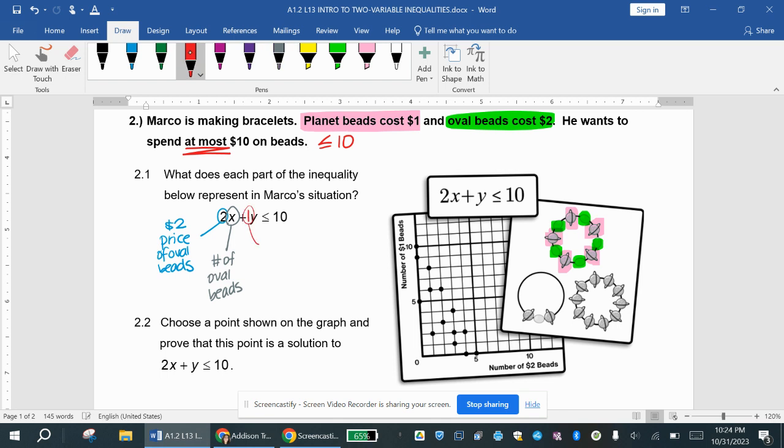That 1 represents the $1 price of the planet beads. That means that the y value represents the number of planet beads he can buy.